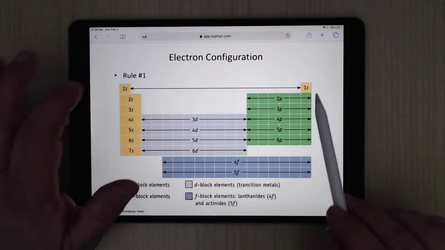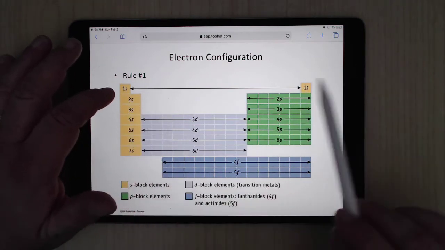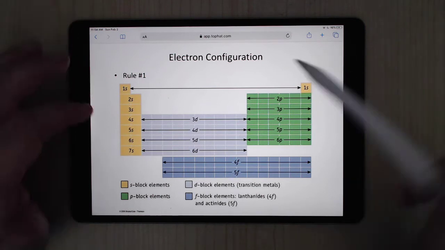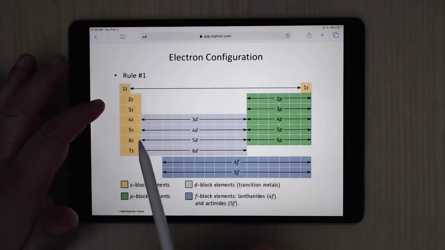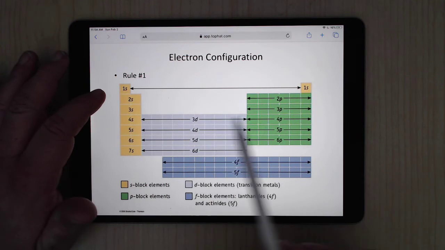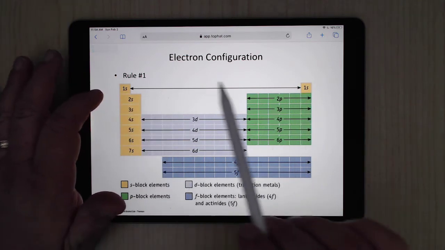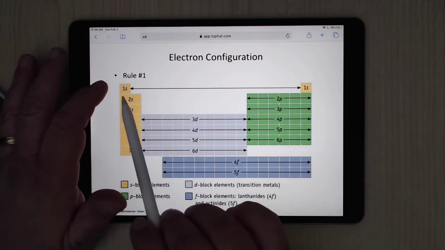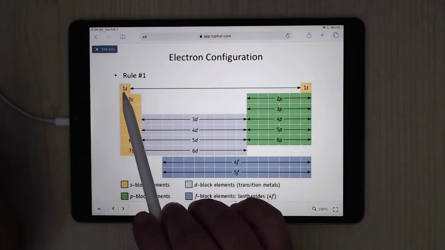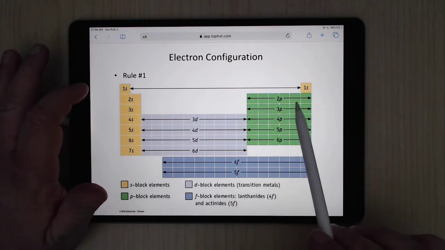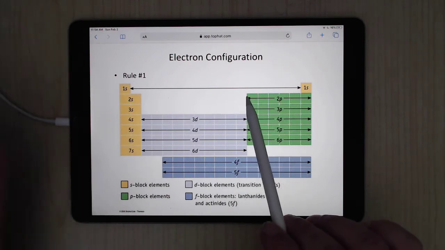The 1s is weird because of the positioning of hydrogen and helium, and the fact that it only needs 2. After that one is the 2s. So this is going to be the s block, d block, p block, and f block. As you come across, the next one you want to fill is the 2p. The first orbital type you came to was the s type, so you start with 1. The next type of orbital you come to is the p type, and since it's the second one, it starts at 2.